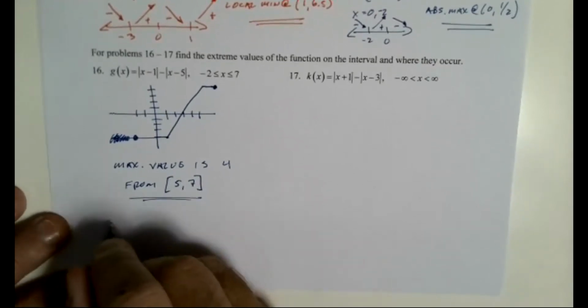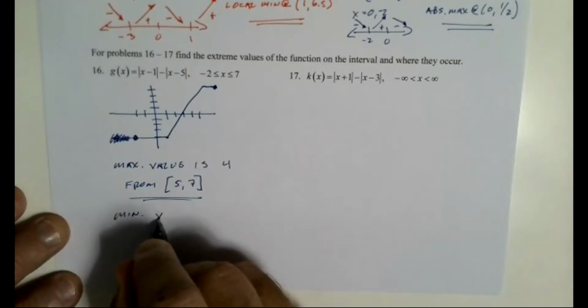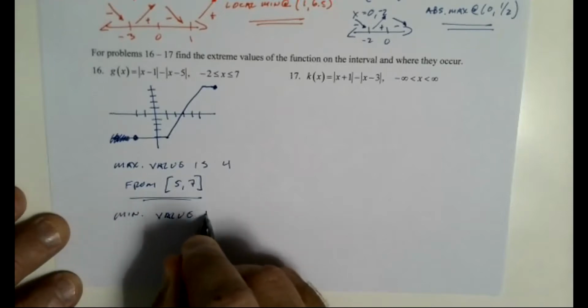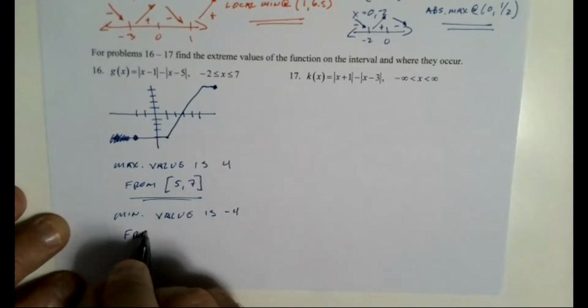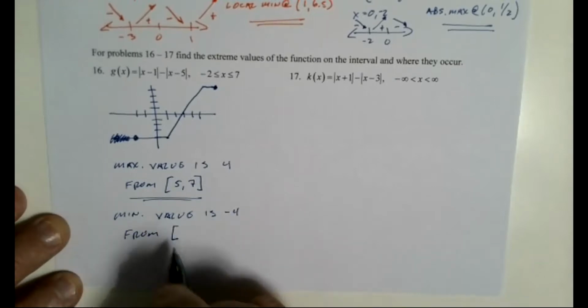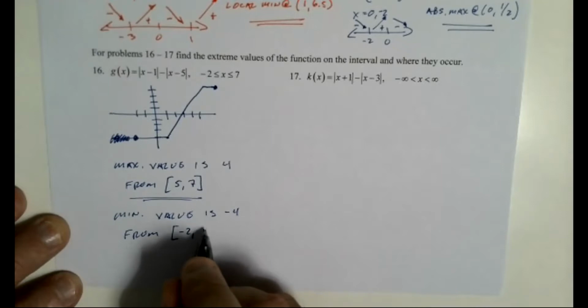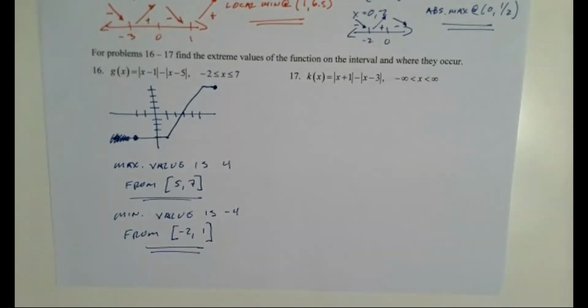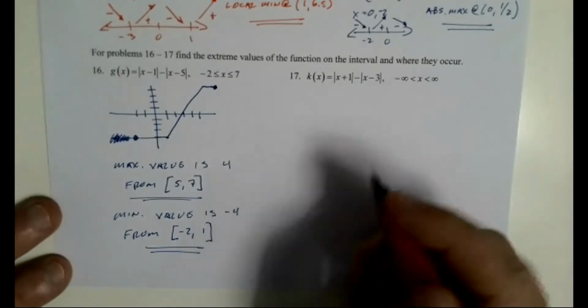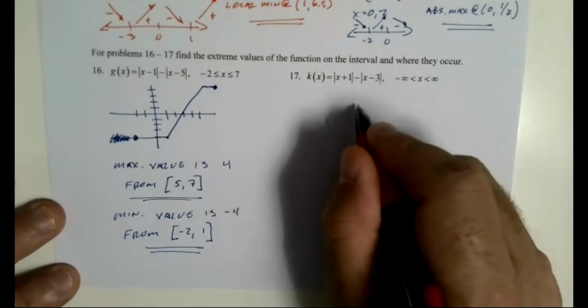And then the min value is -4 from -2 to 1. Now this one goes to infinity. That's probably where I made a mistake earlier.